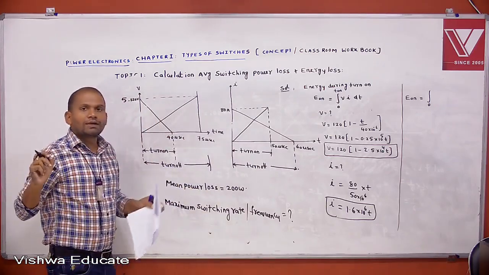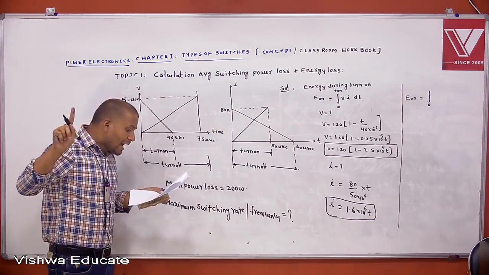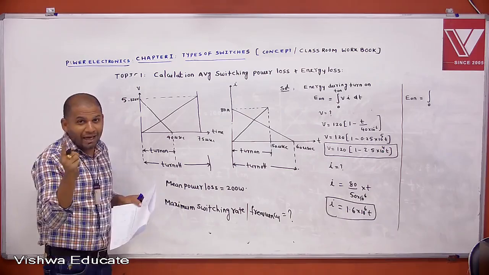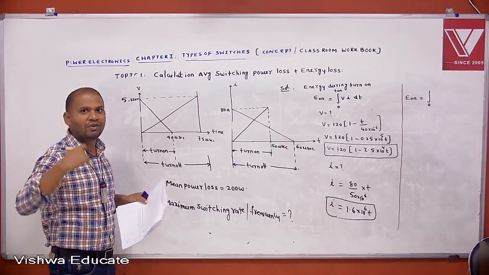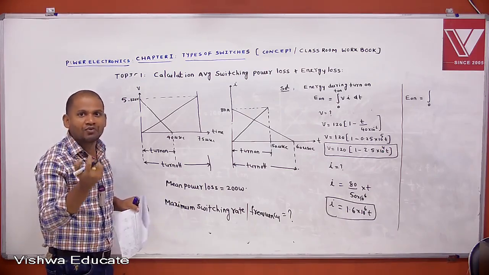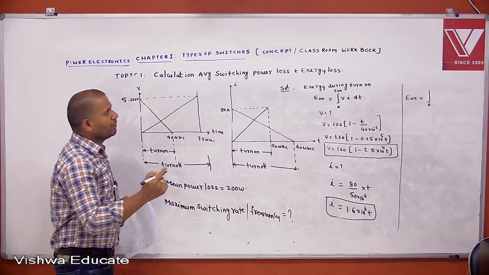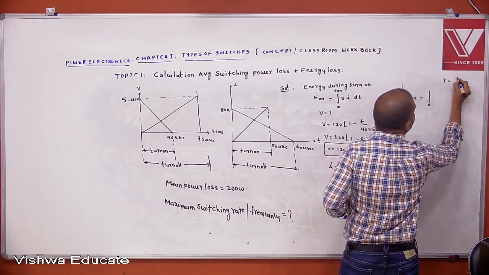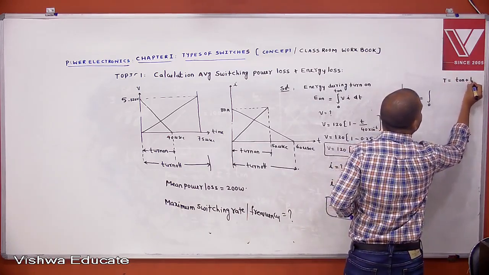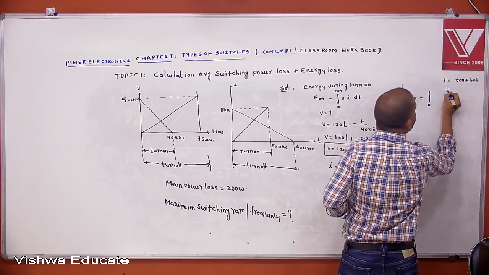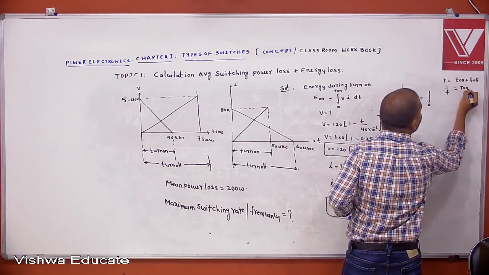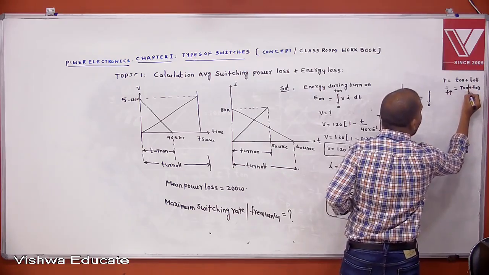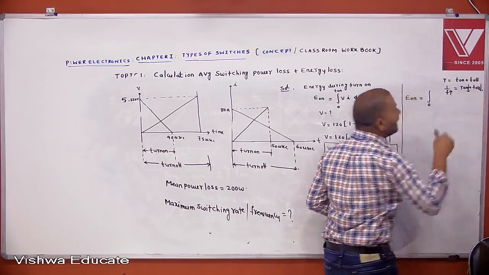Which time do you take? You want to calculate for maximum switching frequency. Maximum switching frequency means frequency is high, so on and off times are less, because you know that T is equal to T on plus T off. That is 1 by F equal to T on plus T off. You want a high frequency, so on time and off time must be less.